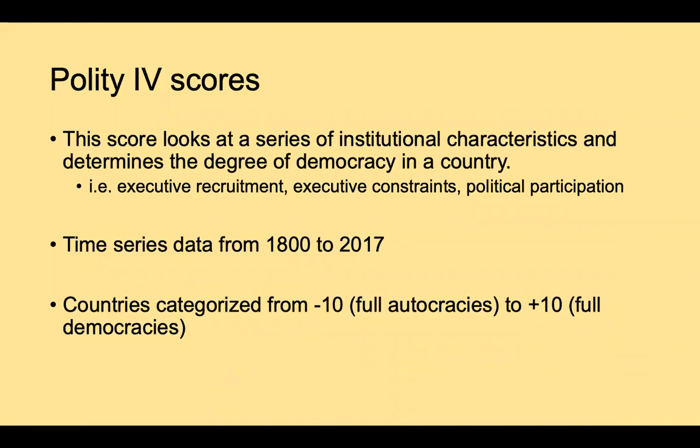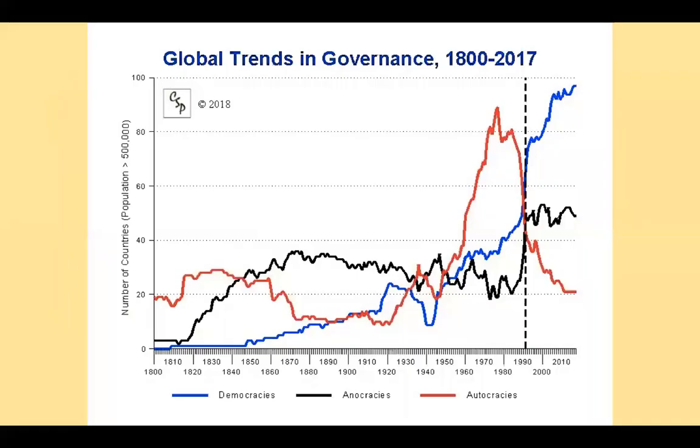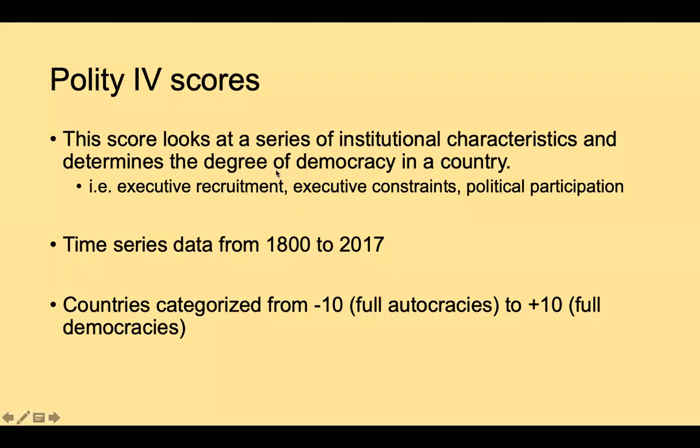The Polity 4 score, as a result, is somewhat more difficult to use because of some of those disputes and questions about coding. But for now, I just want you to focus on the fact that it looks at those institutional characteristics that mainly relate to the Dahl list of minimum conditions.